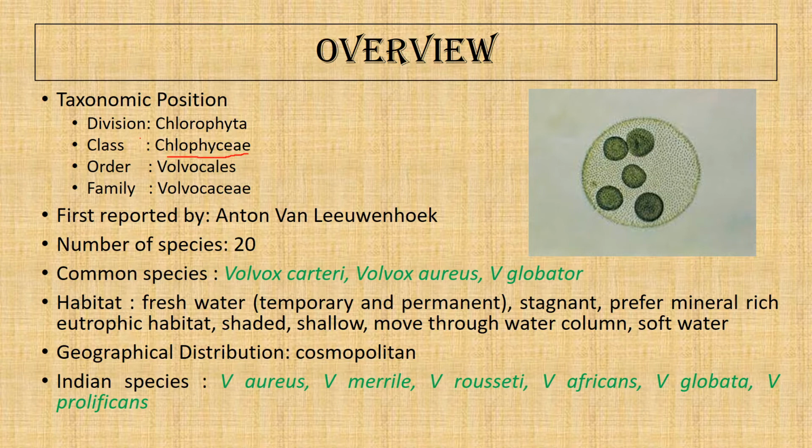The chief photosynthetic pigments are both chlorophyll A and B. Apart from these chief pigments, chlorophyll A and chlorophyll B, they also contain pigments like xanthophyll and carotene. So all the Chlorophyceae are green algae with chlorophyll A and chlorophyll B pigments.